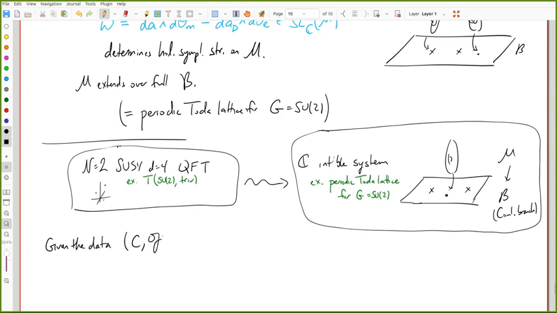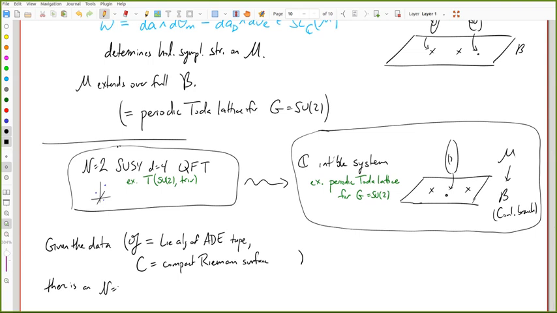Given the data of G, a Lie algebra of ADE type, so simply laced Lie algebra, and C, a compact Riemann surface, there's another N=2 supersymmetric 4-dimensional field theory. We call it T of G comma C.